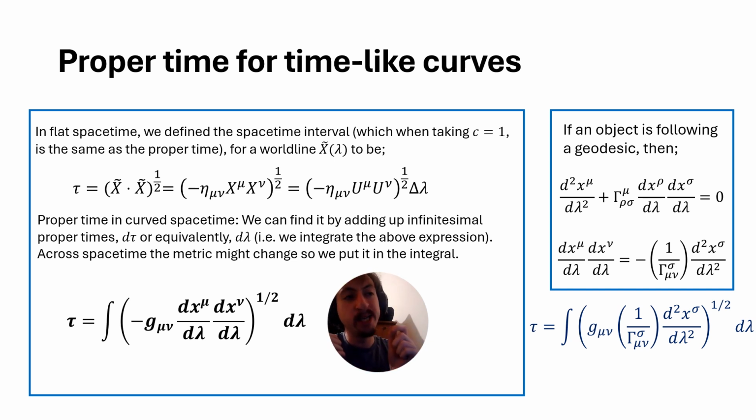Now, we've said really in the past few videos how space-time tells matter how to move. We haven't talked much about how matter tells space-time how to curve. And to get to how matter tells space-time how to curve, we have to talk about a description of matter in space-time.